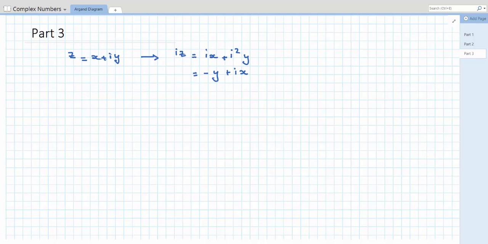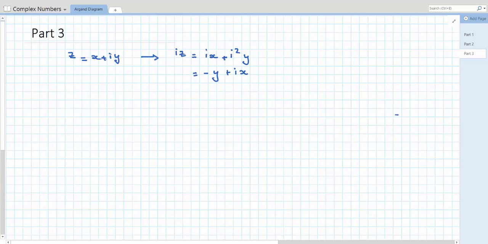This means that my new vector has an imaginary value which is equal to the real value of the original vector, and it has a real value which is equal in magnitude to that of the imaginary of the original vector.